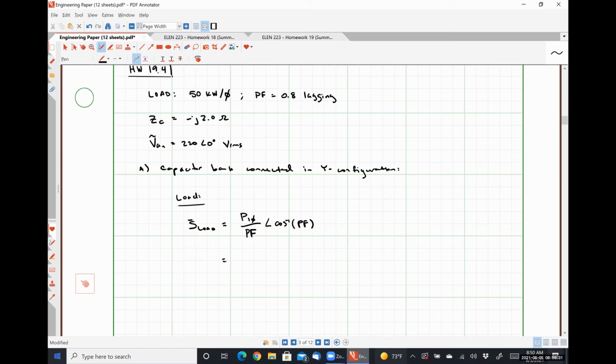In this case, that's 50 kilowatts divided by 0.8 with an angle of inverse cosine 0.8. So that would be 62.5 with an angle of 36.87 degrees kilovolt amperes.